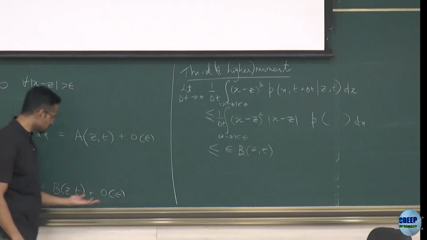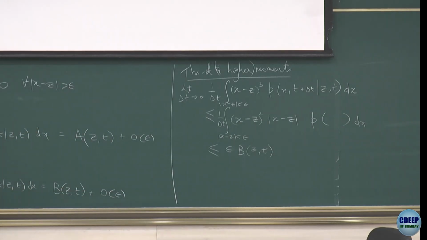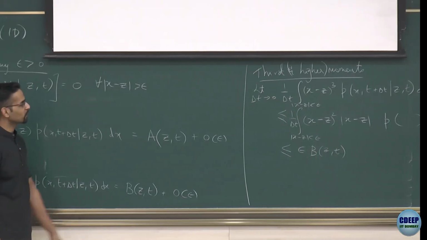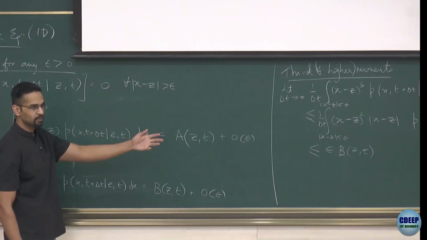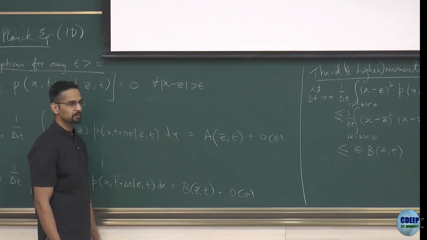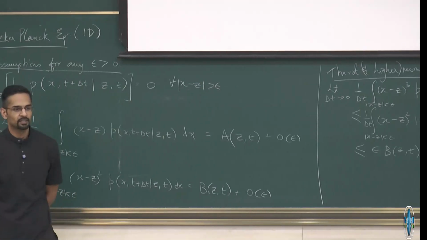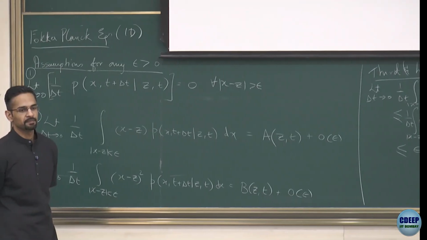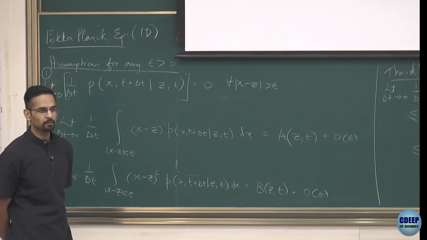Now why couldn't I do this here and get rid of the second moment? I would have x minus z square. Can I do the same thing and show that b will also be epsilon times a, or no? That will tell you why we had to keep the second moment.